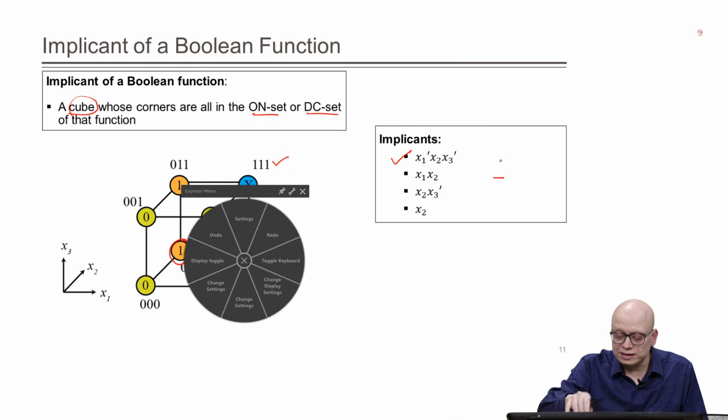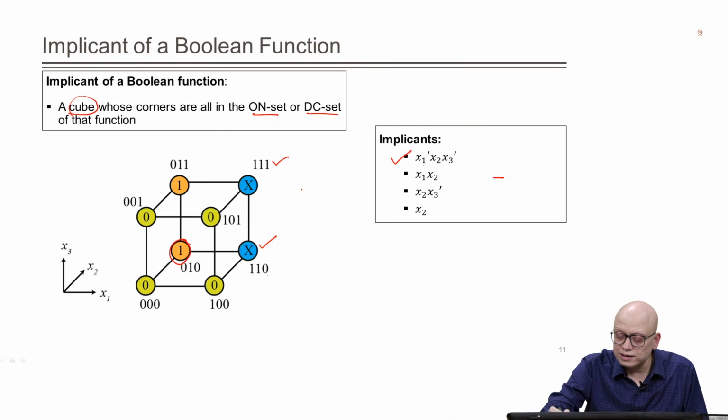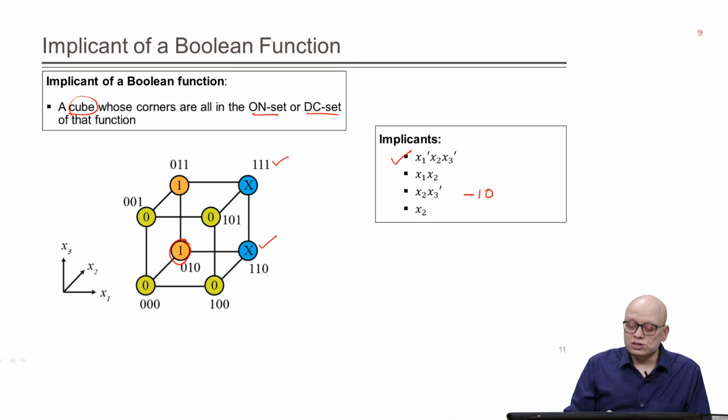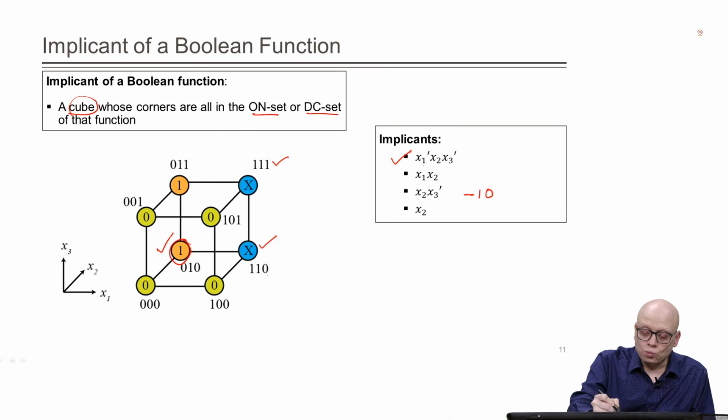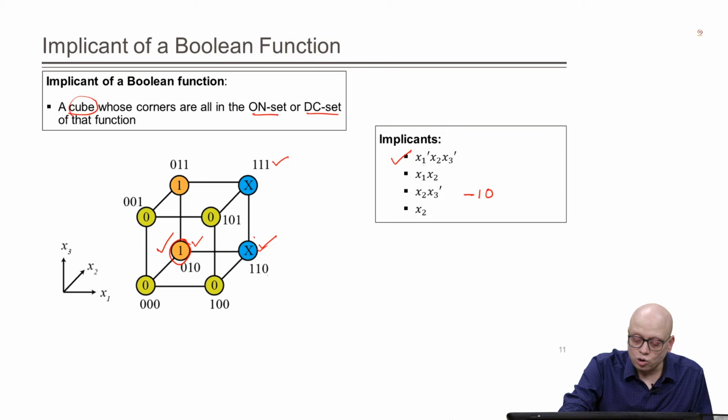Now, let us take the third example. The third example is x2 x3 bar. In this case x1 can take any value, which I am specifying as dash, x2 takes a value of 1 and x3 takes a value of 0, right. So, 010 this one and 110 this one. This one is in the onset and this one is in the do not care set, right.